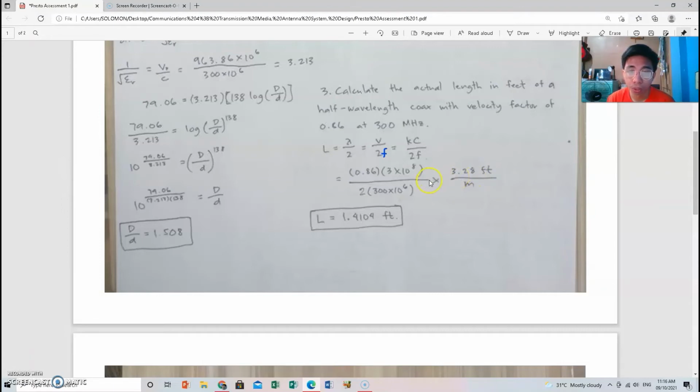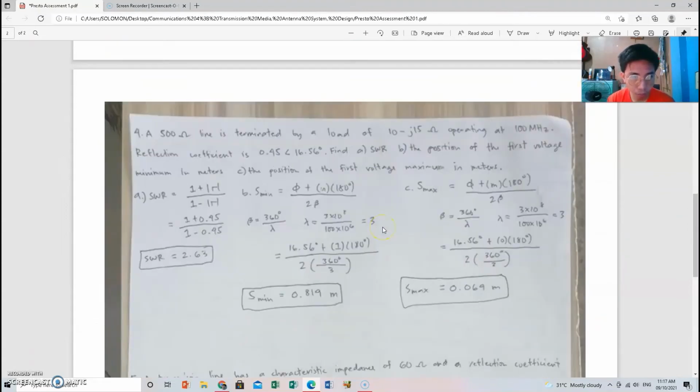So the final answer is length equal to 1.4104 feet. Because the answer here will be in meters, and since we are asked for the actual length in feet, we multiply it by the conversion factor. So this is the final answer.